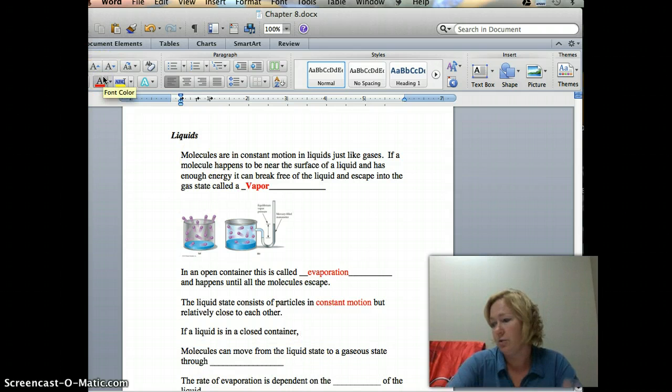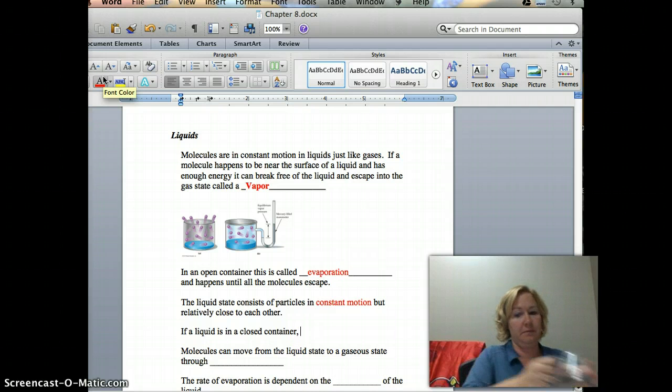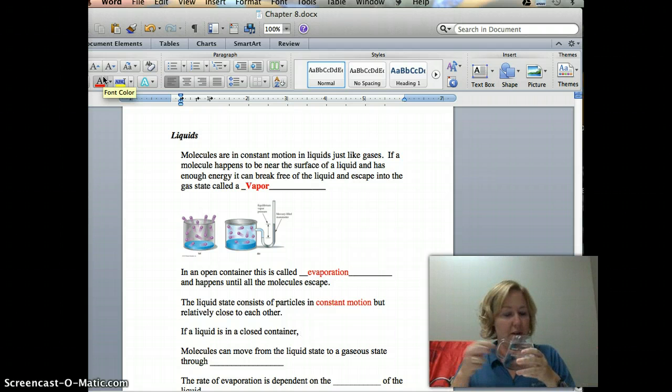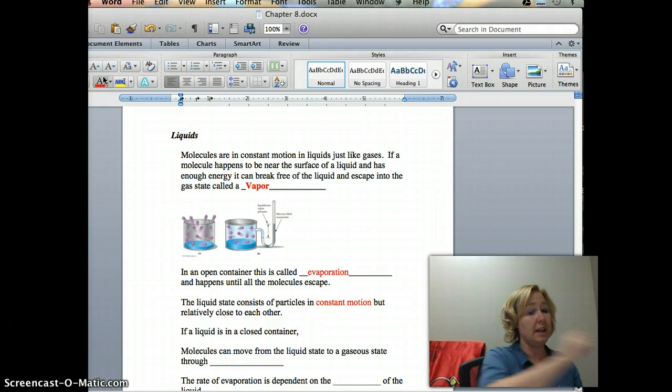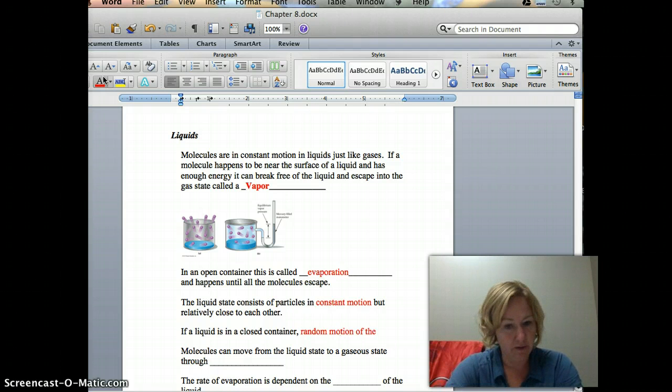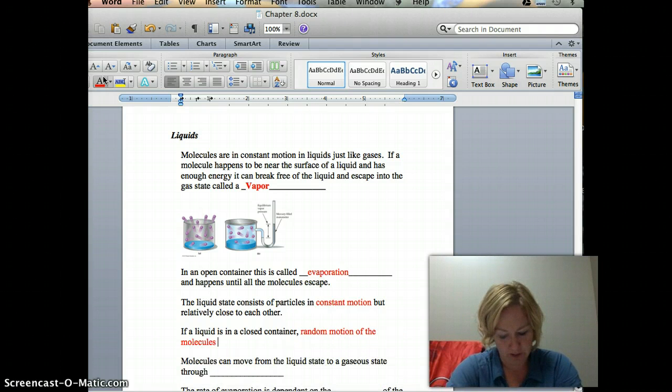In a closed container. So if I put a lid on my beaker cup, because it should have one, it's a beaker coffee cup. If a liquid is in a closed container, the random motion of the molecules brings them back into the liquid.